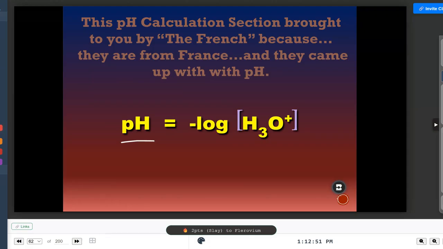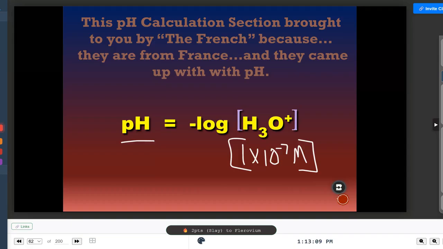So we learned that hydronium ion concentration in a neutral solution is 1 times 10 to the negative 7th molar, right? That was the hydronium ion concentration in a neutral solution of water, okay, where it's just pure water. And so if we take the negative log of that value, then that's going to turn into the number 7.